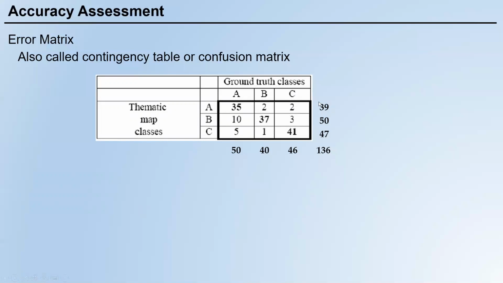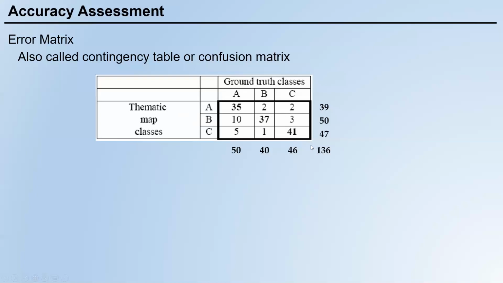So what's the meaning of 39? It means that 39 pixels in your image were classified as class A, but only 35 of them were correctly classified. Another 2 should not belong to class A because they are class B. Another 2 should belong to class C, but they were wrongly classified to class A. So that's the meaning for row A. Following the same logic, you can explain row B and row C. And this table here is called an error matrix, confusion matrix, or contingency table.